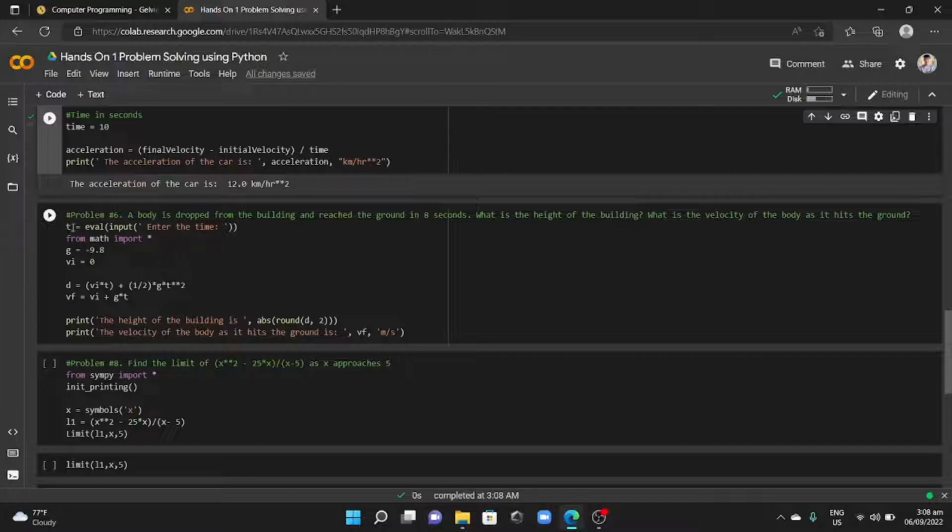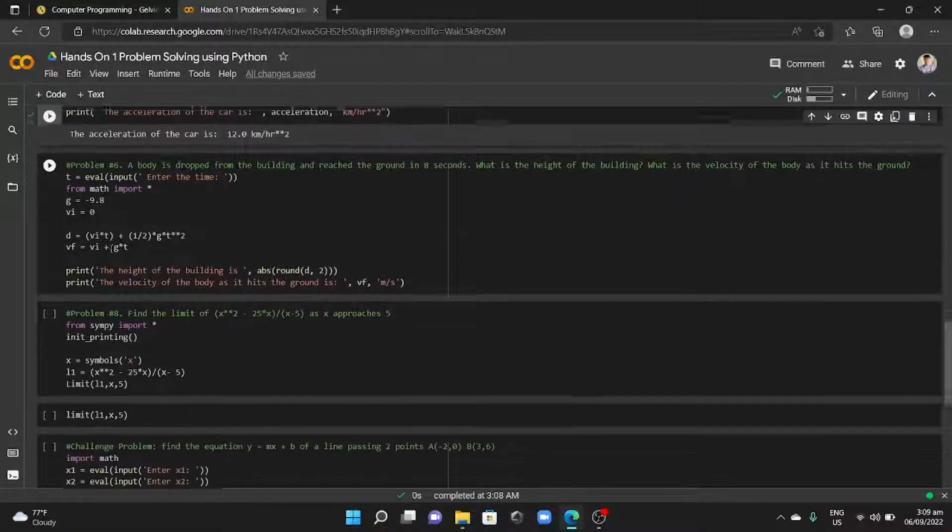We have time is equals to eval input, and we are going to enter the time. We have from math, we are going to import all the functions. We have our gravity is equals to negative 9.8, and our initial velocity is equal to 0.